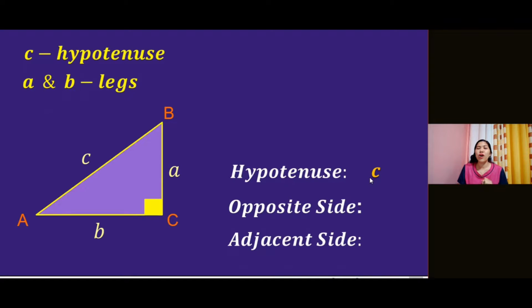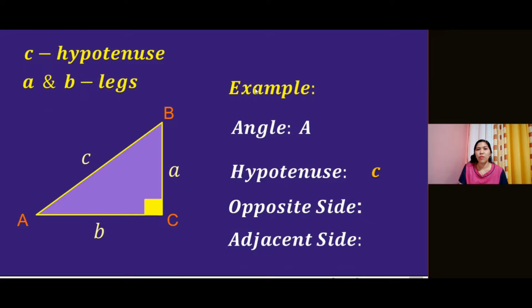Now for your opposite and adjacent sides, these depend upon your angle of reference. Now when we say angle of reference, it could be any of the acute angles in our given right triangle. So it could be A or it could be B. Now suppose that we pick angle A as our angle of reference.